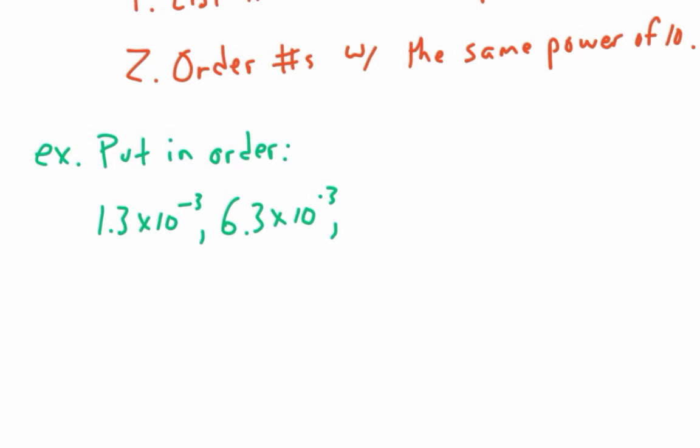And I have 4.1 times 10 to the 6th. And 2.1 times 10 to the negative 2. And one more, 5.4 times 10 to the negative 3.